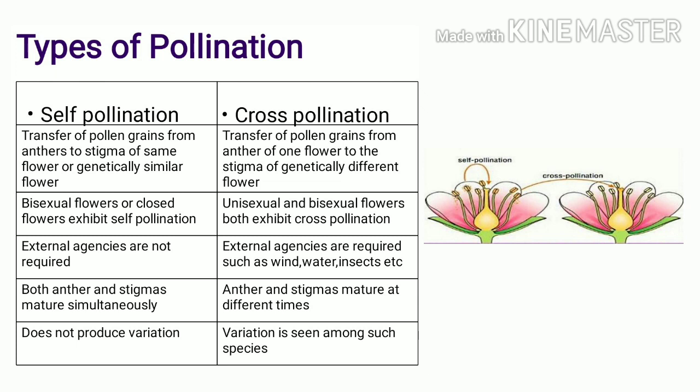This is a common process found in self-pollinated flowers, where the maturation time of both the anther and the stigma, that means the microsporogenesis or development of the male gametophyte, and megasporogenesis and development of the female gametophyte, takes place together within the flower.